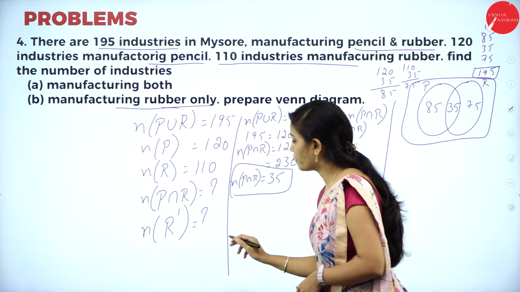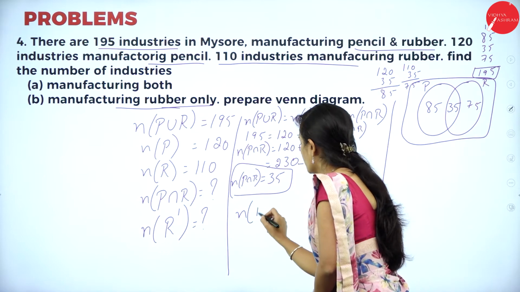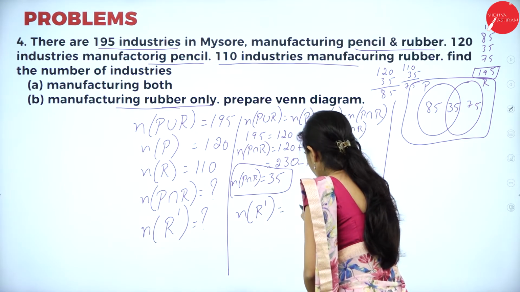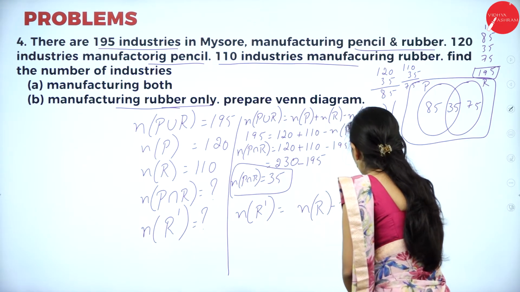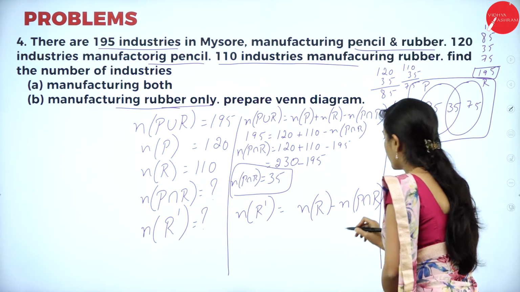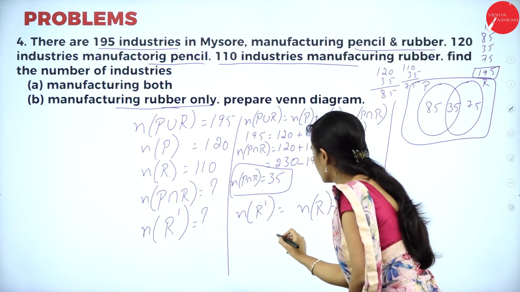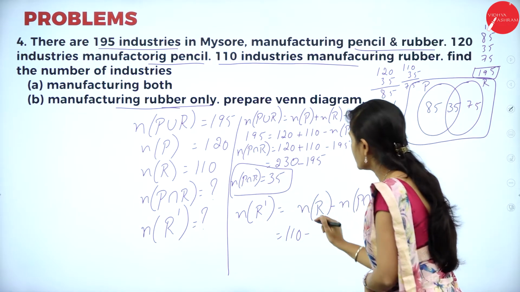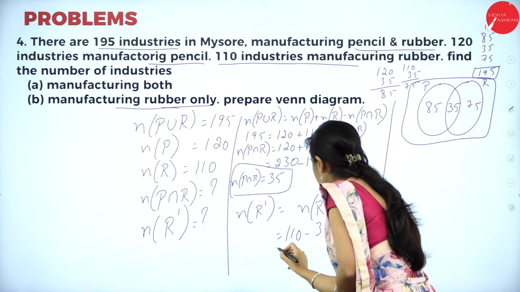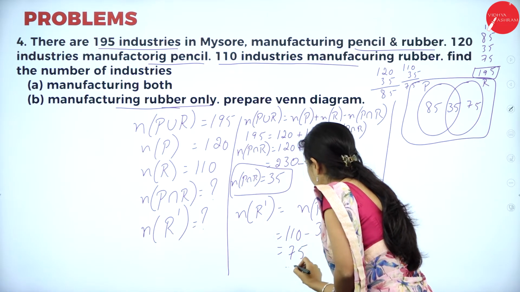So here we have to find N of R dash. So N of R dash is equal to N of R minus N of P intersection R. So what is N of R? It is 110 minus N of P intersection R, which is 35. So you will get 75.